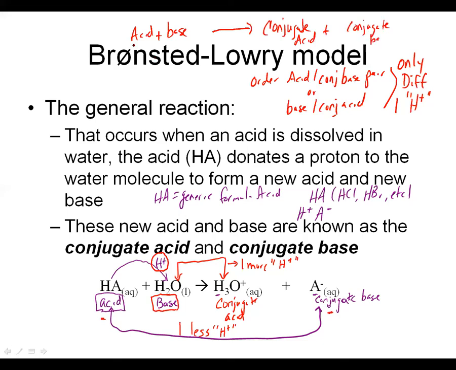So your conjugate species are always on the right-hand side, the product side, and your regular acid and base are always found on the left-hand side. And the only difference between those two things is just 1 H plus. It cannot be more than 1 H plus. It cannot be H plus and some other element difference. The only difference has to be that H plus. Any questions on that?